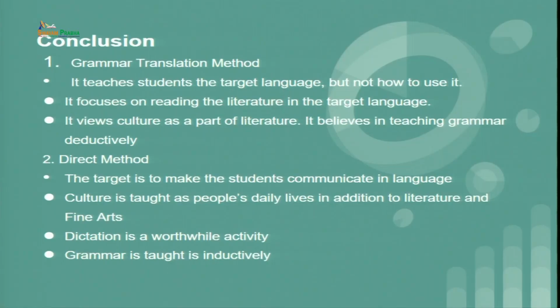So as you see in the slide, the grammar translation method focuses on reading the literature in the target language. It is not using a conversational approach, and it is more on a literary piece or a kind of text that can be used in a language classroom.